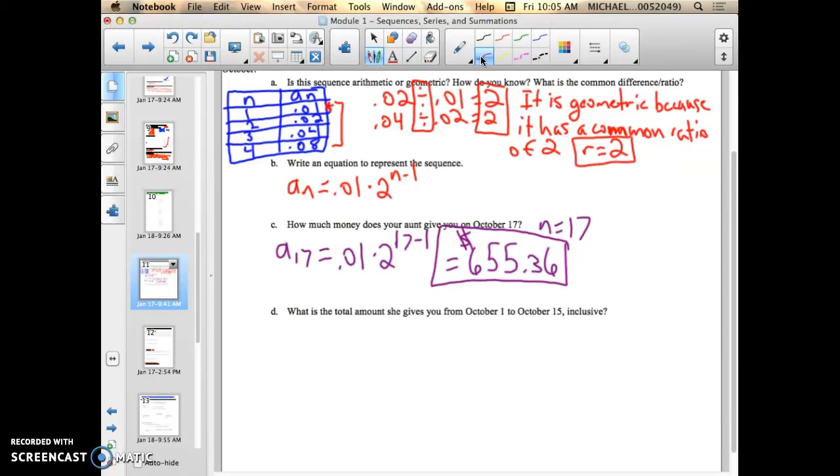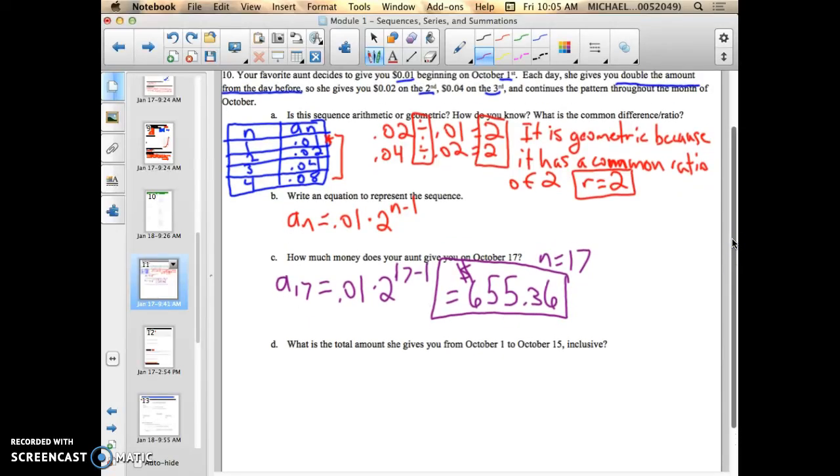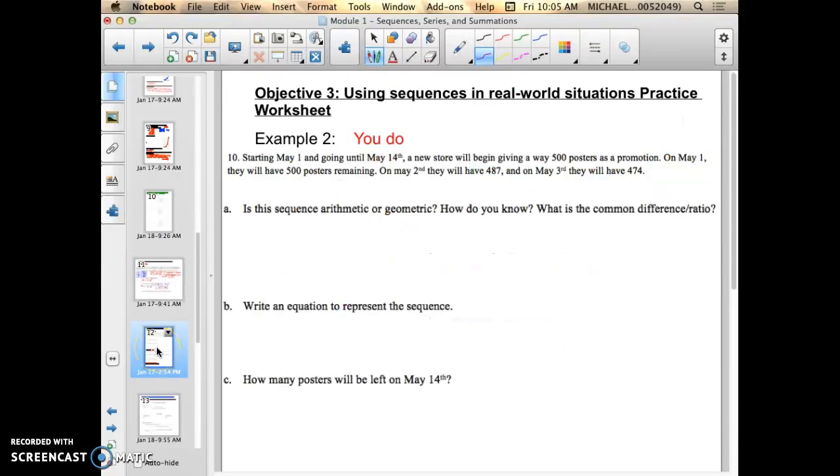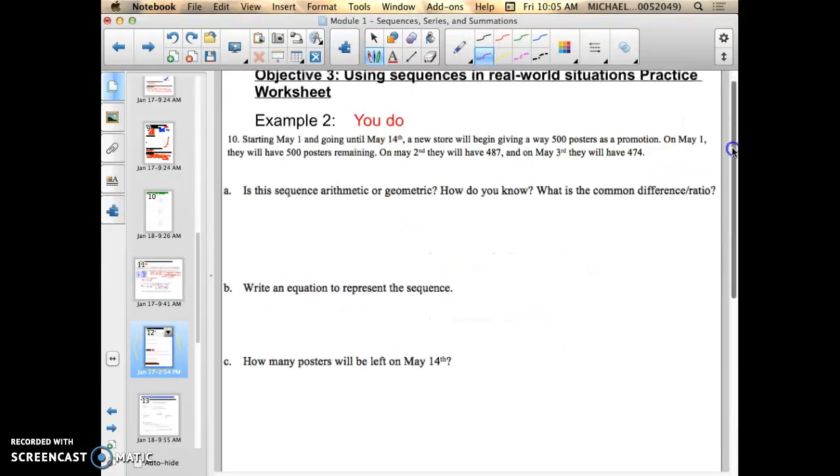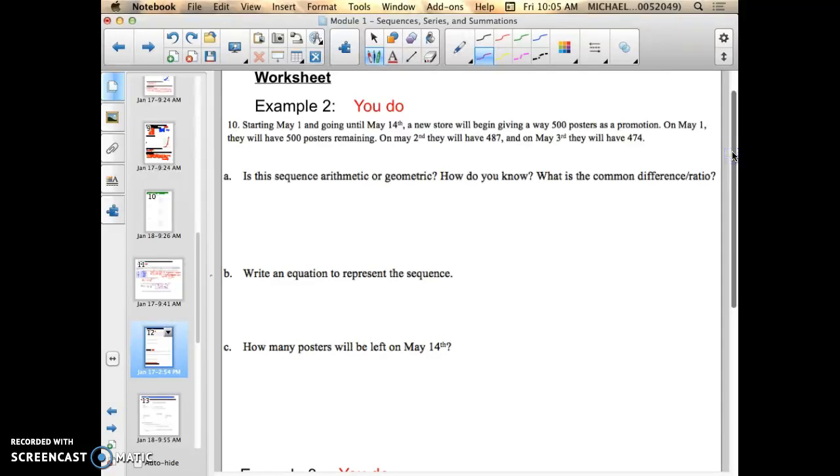So at this point, after part C, I am done. I've answered a specific amount. On the 17th, she's going to get $655.36. All right, so this is A, B, and C, just answering specific questions about a sequence, and this is what I want you to be able to do as well. So I've given you 2 problems to do that mirror what I just did pretty closely.